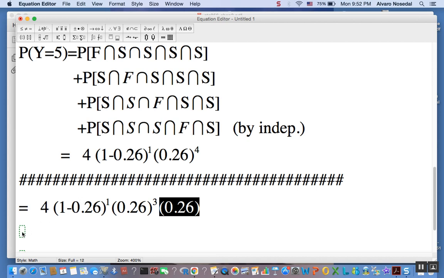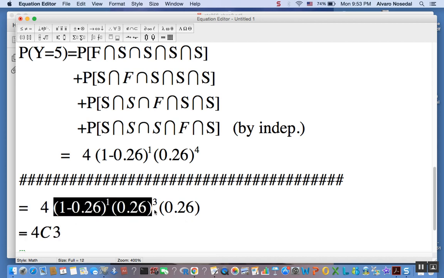So the first part, again, ignore the last trial, could be found like this: 4 choose 3, times probability of success to the power of 3 times probability of failure to the power of 1. Make sense?